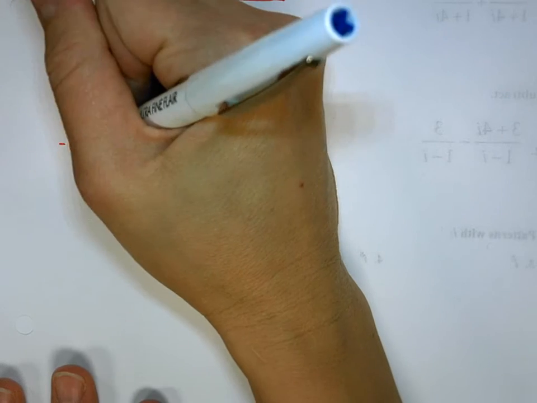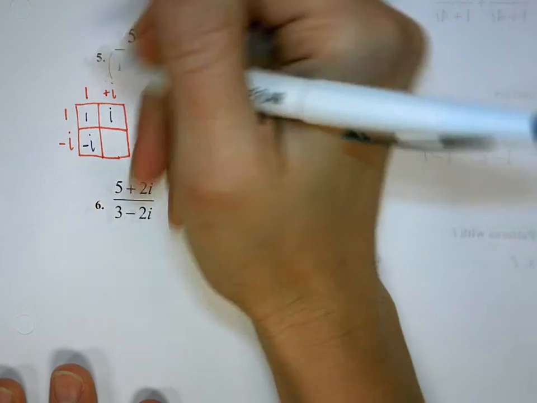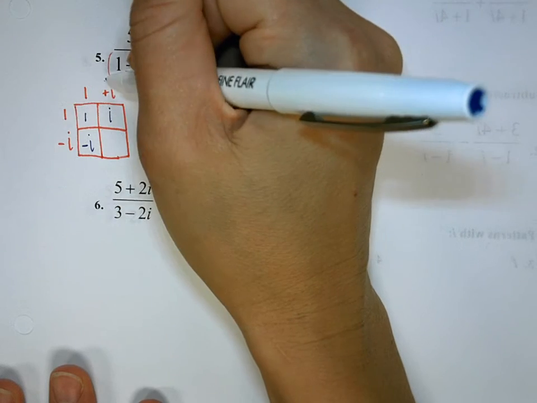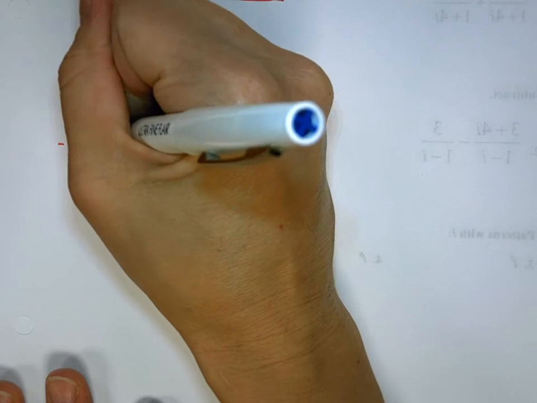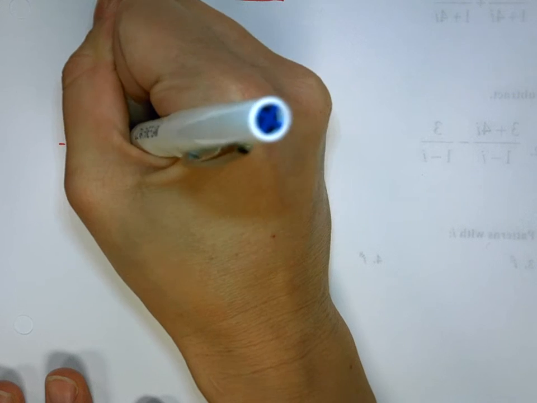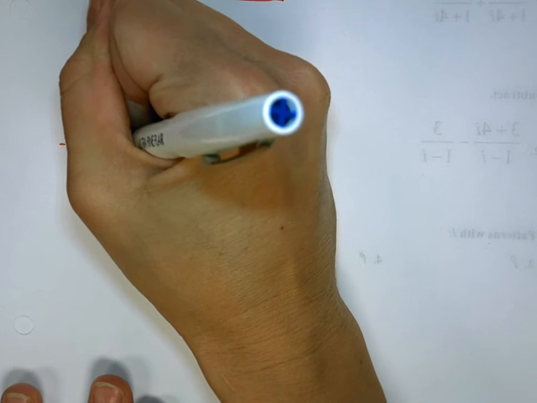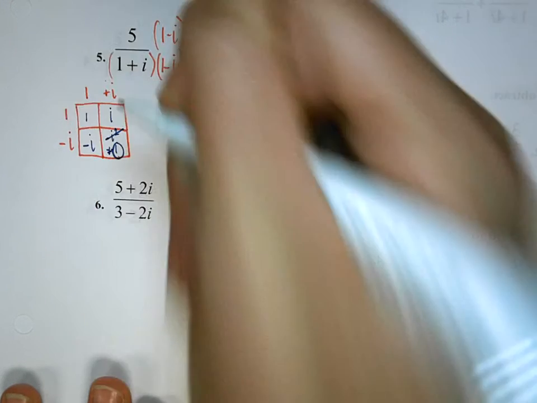Good. Negative i times 1 is? And then we have a negative i times i, negative i squared, which will be a negative 1, which makes a positive 1. So I'm just going to circle this positive 1 and cross this other stuff out.